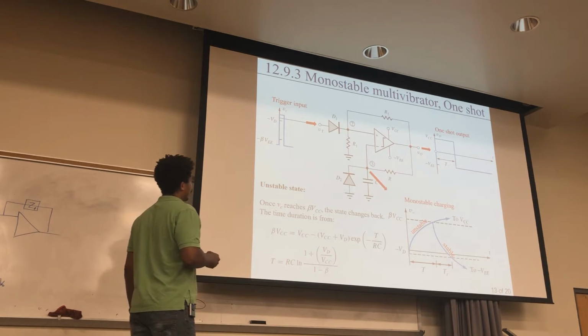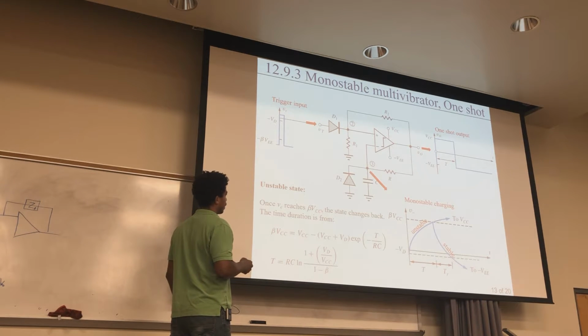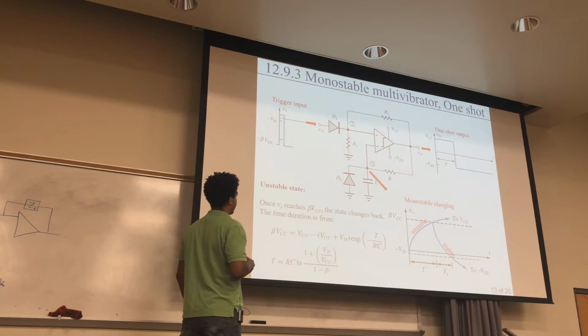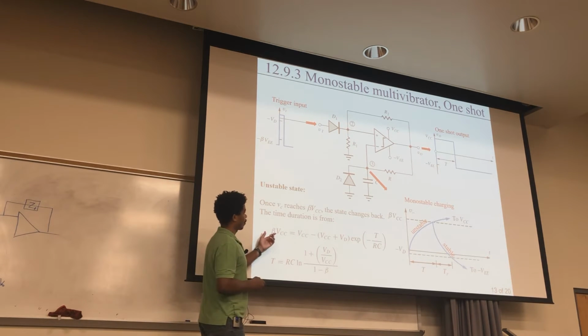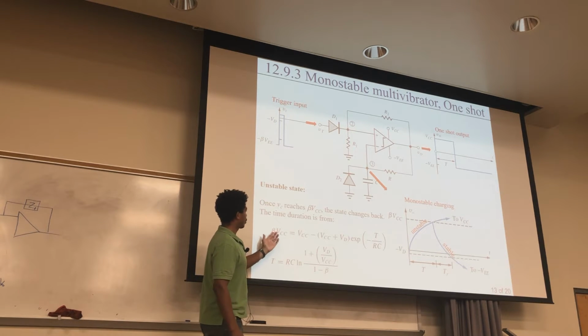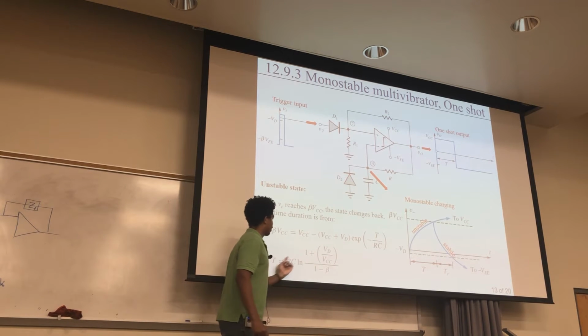And so once this voltage across the capacitor reaches this beta VCC, then the state changes back, and in that time duration for the pulse right here, down to there, you just plug in your final value, and you solve for t, and that's this right here.